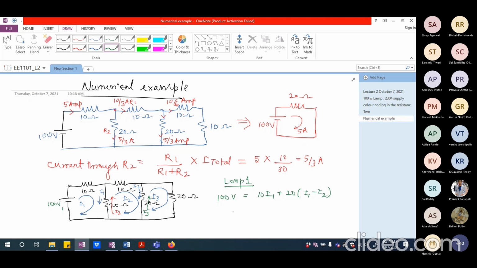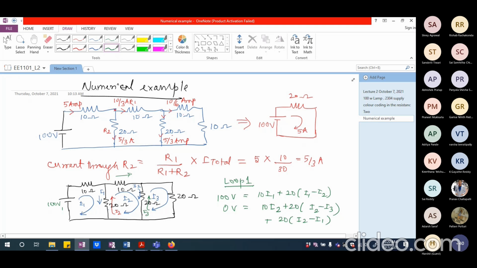Loop 2 equation will be, there is no voltage source connected. So 0 volts is going to be equal to, I'm going to have 10 times I2, right? Plus 20 times I2 minus I3 plus the last one, another 20 times I2 minus I1, depending upon what direction you are using as positive, what direction you are using as negative.